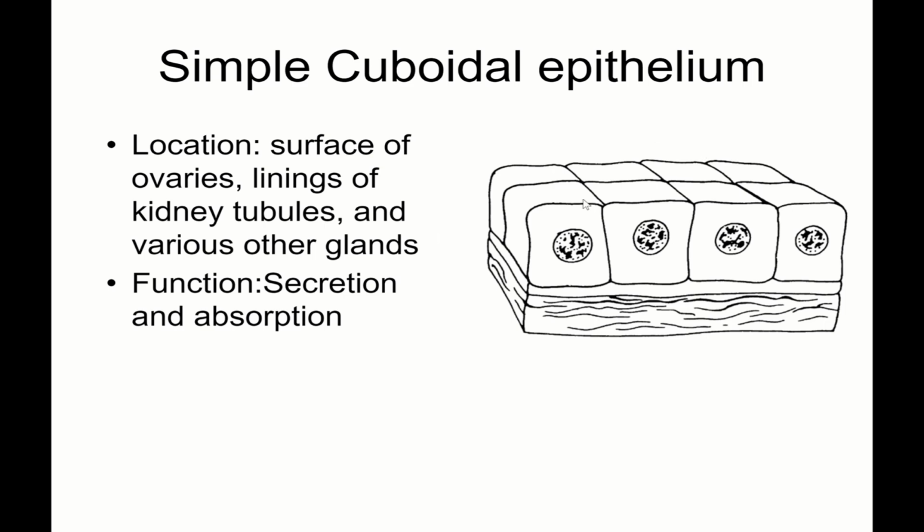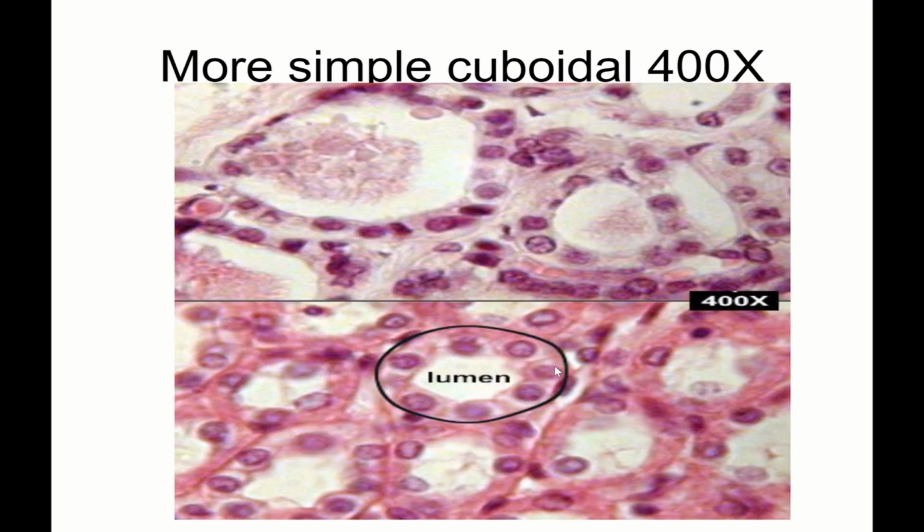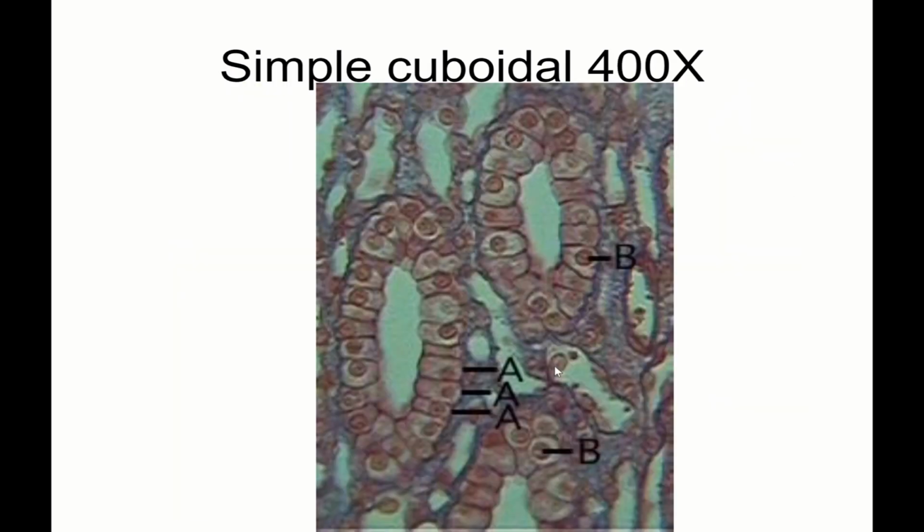So this provides enough volume to really allow for secretion to take place. And so here's some kidney tubules. You can see what that looks like, and you can see those square cube shaped cells there. Just another example.